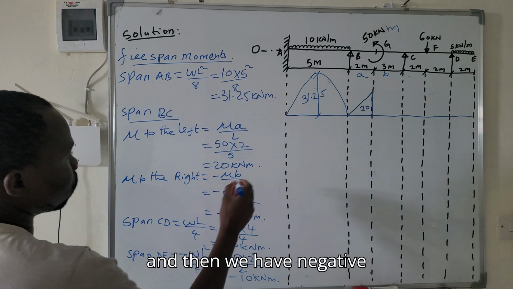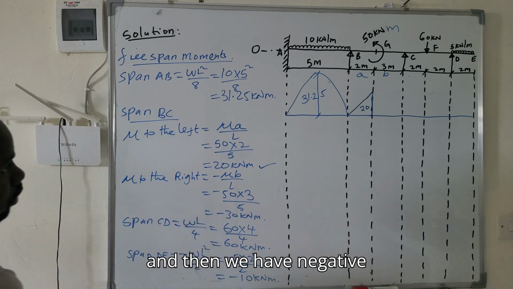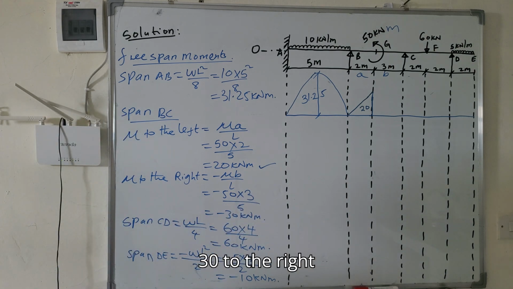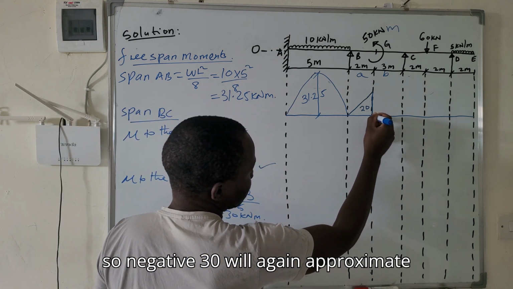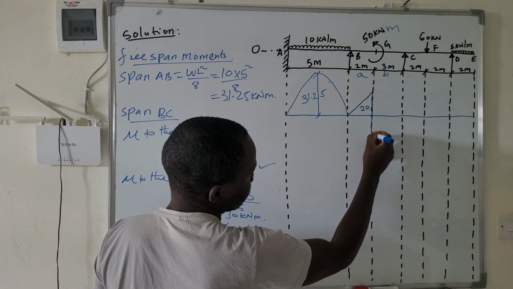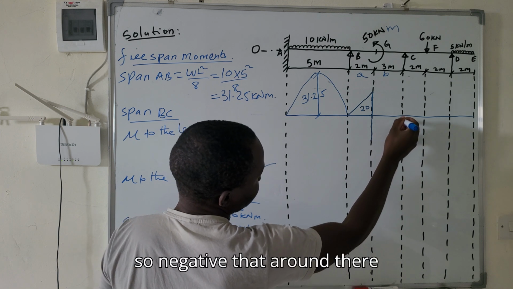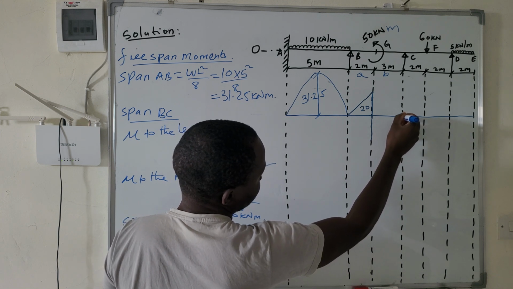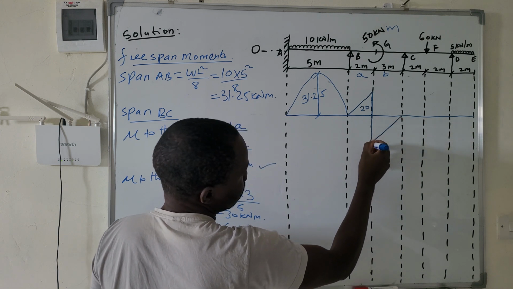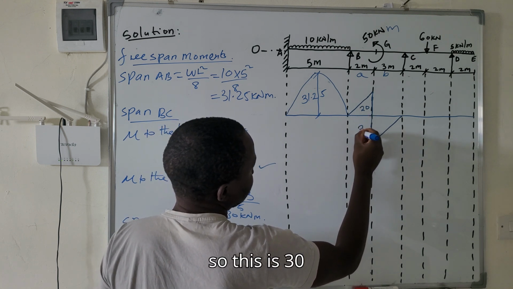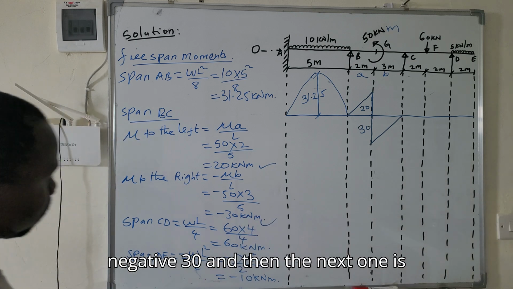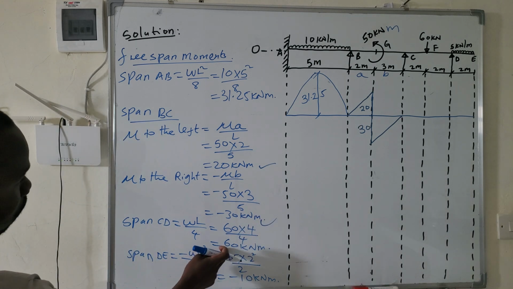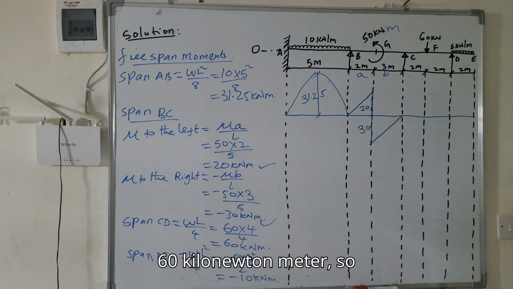And then we have negative 30 to the right. So negative 30 we will again approximate along this line, around there. So this is negative 30.